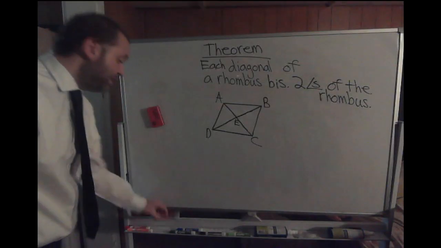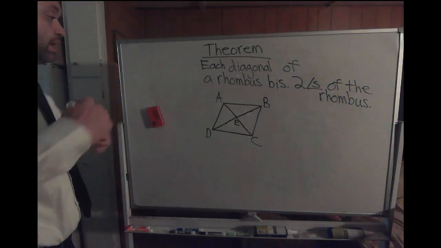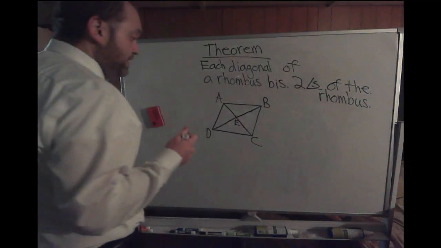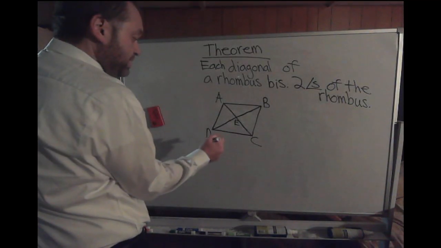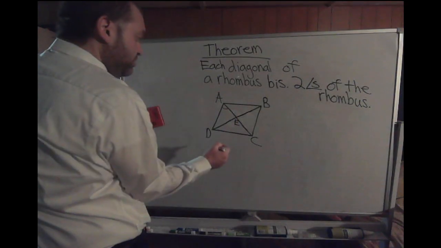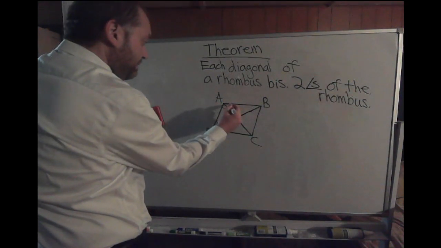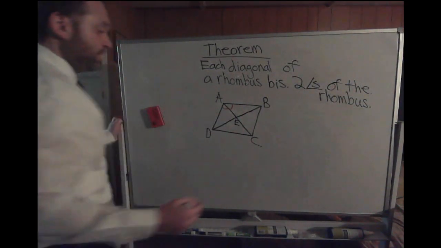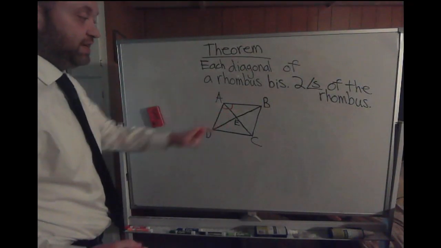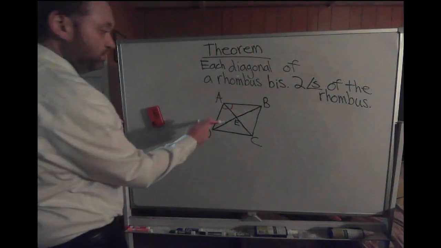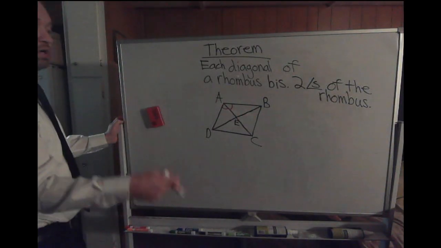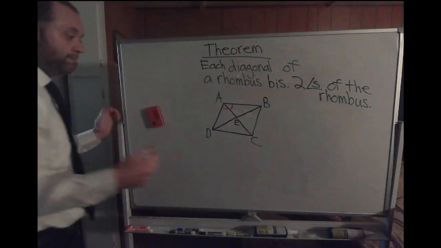So what does that mean? That means here that you would have angle DAE congruent to angle BAE, right? Because if the angles are bisected, that means each half of the angle is congruent. So angle DAE and BAE are congruent to each other.